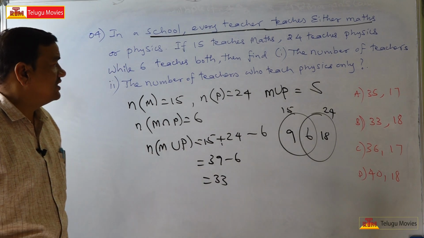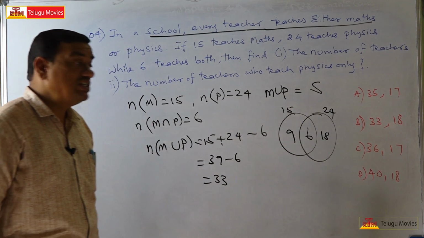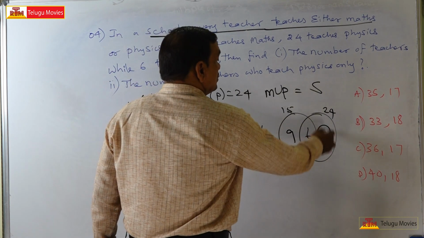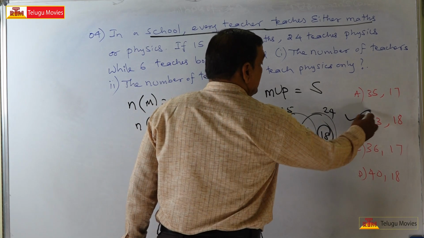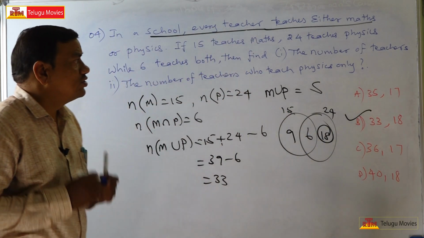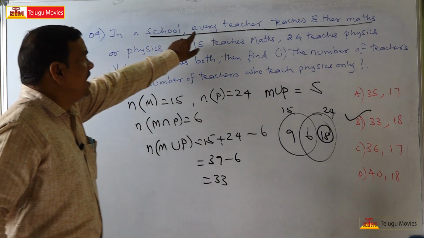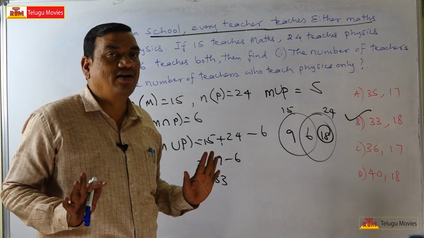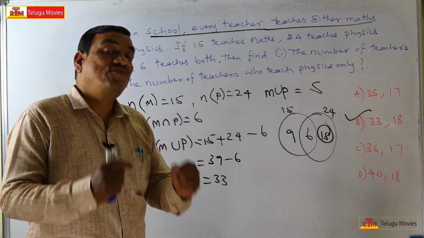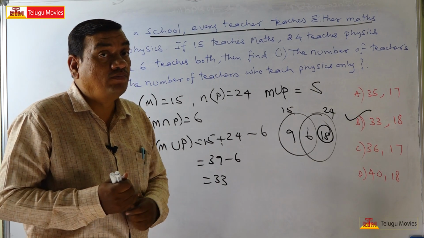And the second question is the number of teachers who teach physics only. That is 18. So your answer is 33 and 18. The thing you have to observe is that every teacher teaches either maths or physics, so no teacher is idle. So see the next problem.